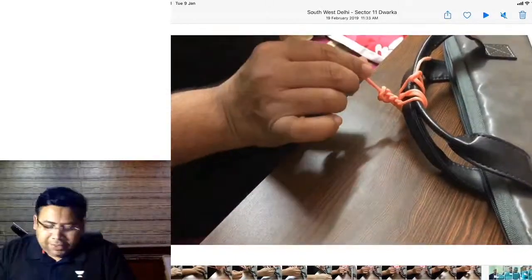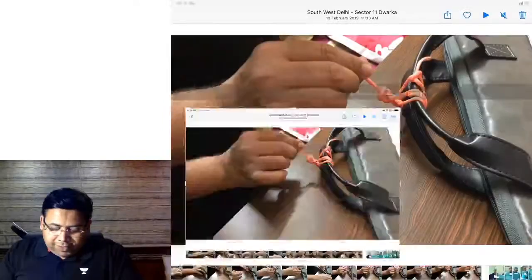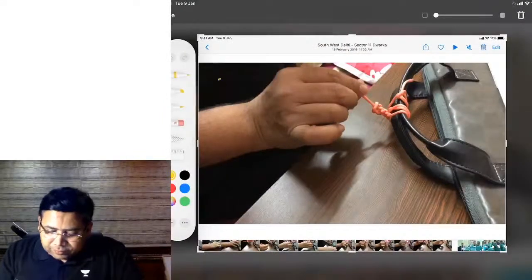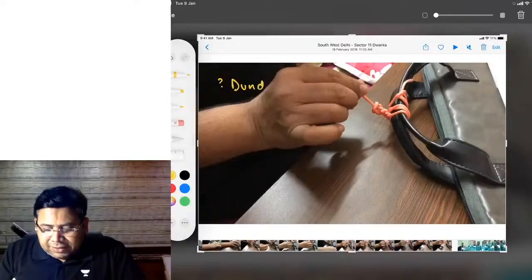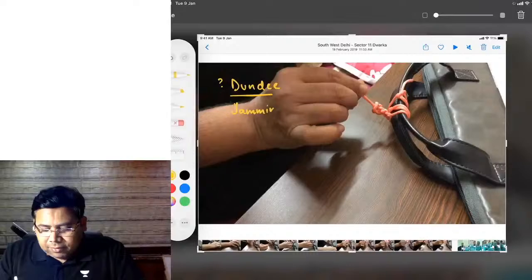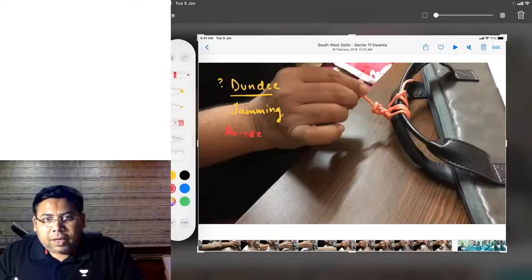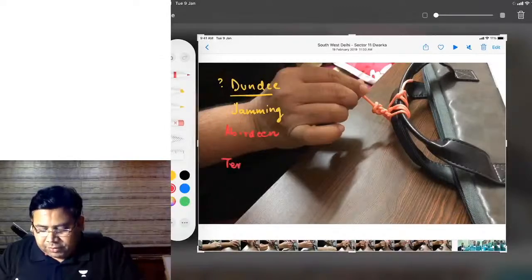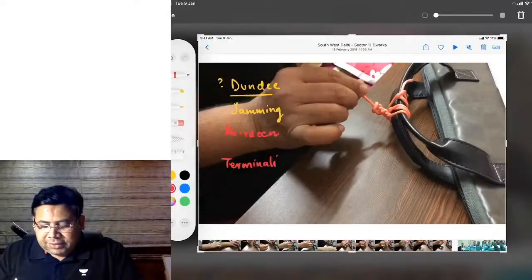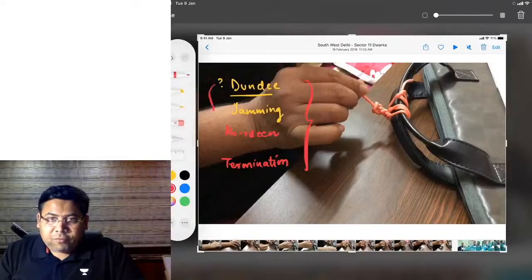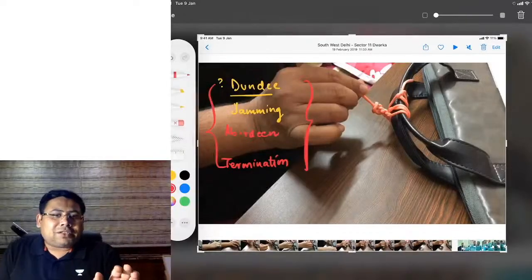Why is it known as Dundee jamming and Aberdeen termination? This knot was discovered in Scotland.